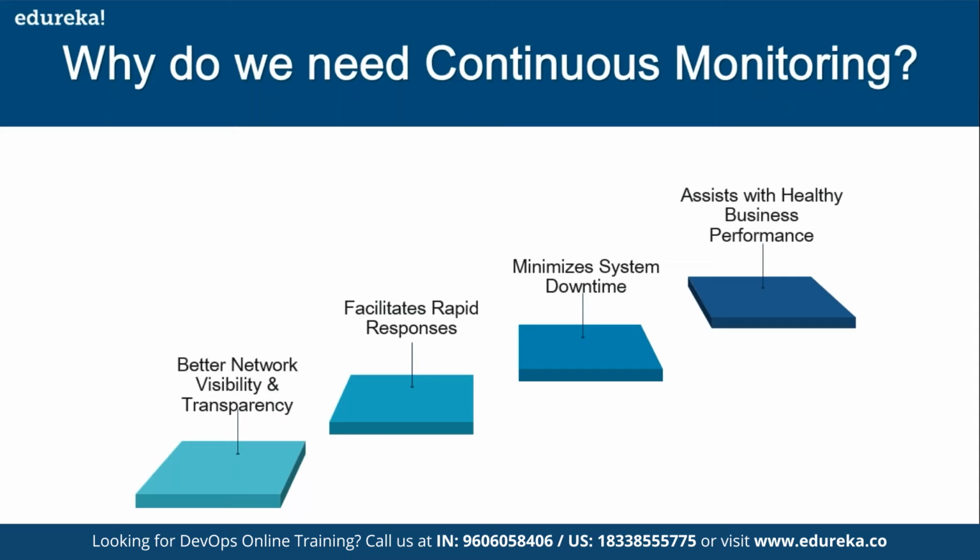The third reason is it minimizes system downtime. Consistent system monitoring and quick alerts help maintain system uptime by raising the alarm when there is a service outage or any application performance issues. The fourth reason is it helps in assisting healthy business performance through reduction in system downtime, and minimizing the negative impact on the customer experience, thereby safeguarding the organization against losses in revenue or, of course, credibility.